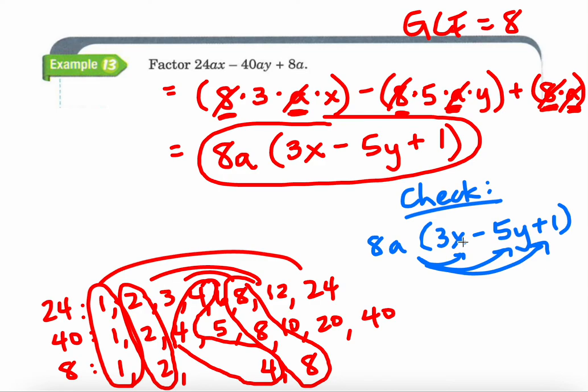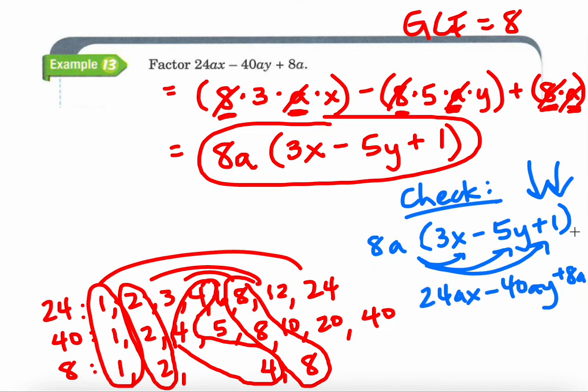Okay, so 8a times 3x would be 24ax minus 8a times 5y. 8 times 5 is 40. And then I have my ay left over. And then look what happens here. 8a times 1 will just be a normal 8a. So I needed that 1 here so that it can actually reappear.